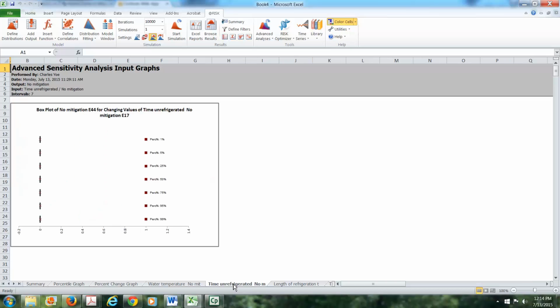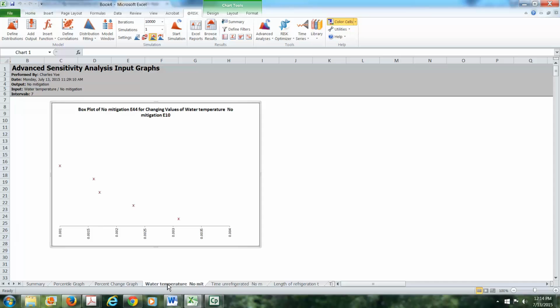Time unrefrigerated, you again see the box plots, but the box plots are not really revealing much information because of the scale here. The numbers are very close together.